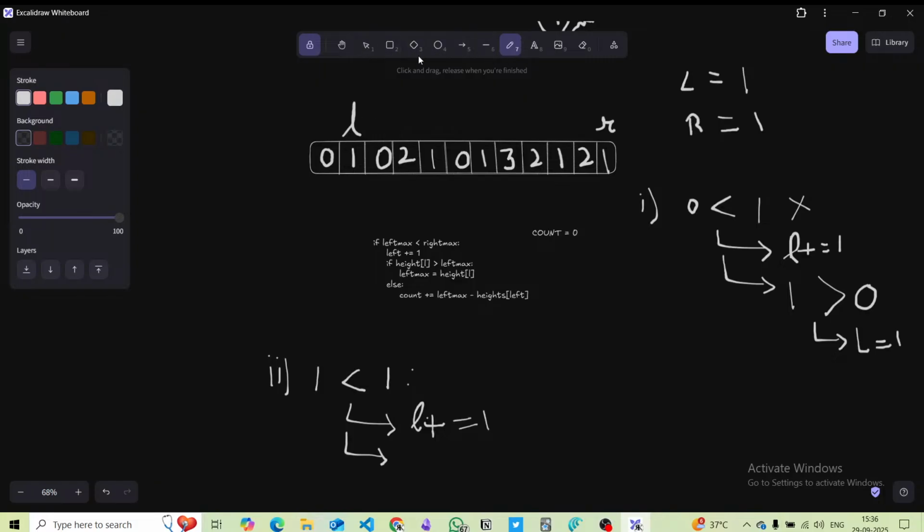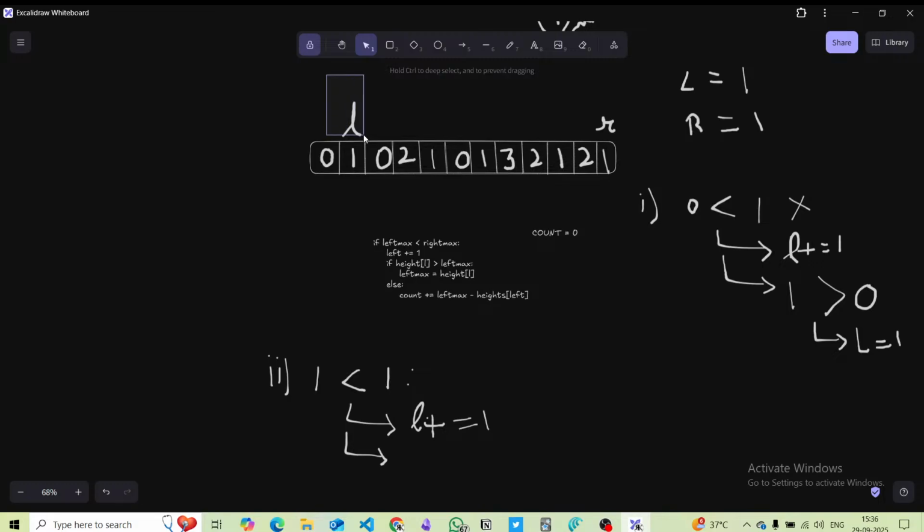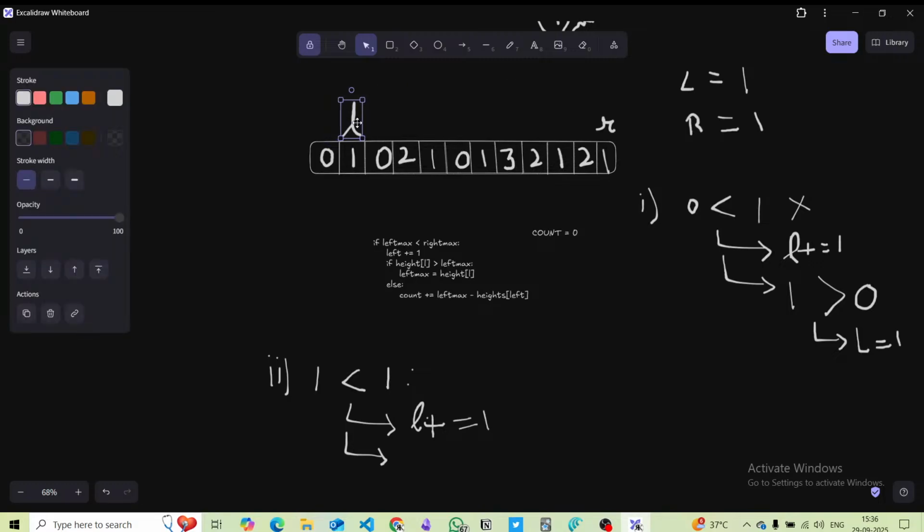Now I just move this. Okay. Now the height of the L 0 is greater than left max, which is 1. Now we need to check this. And then, no, so this is false.